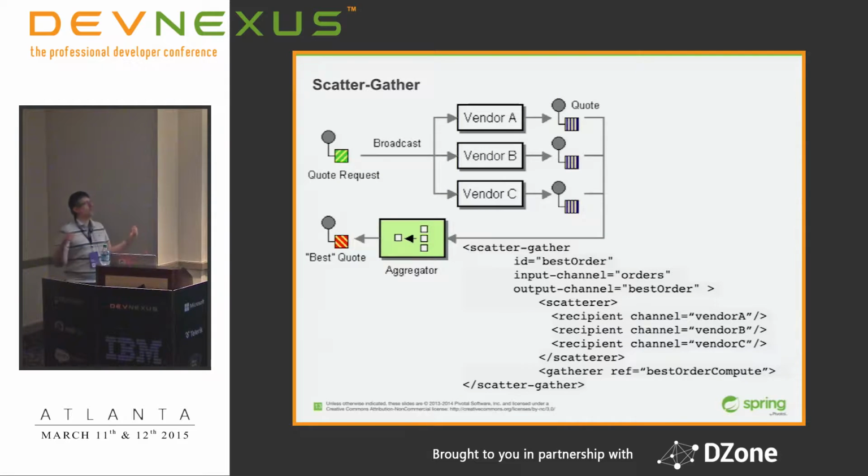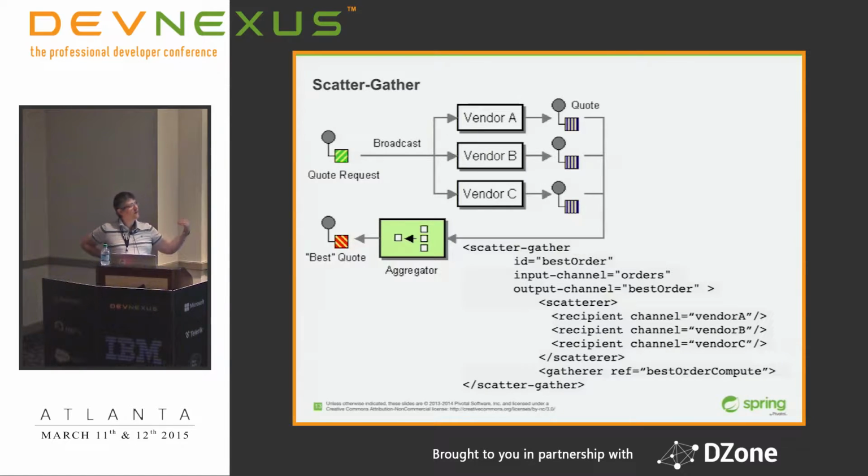So basically, what happened was that we created this distinct scatter-gather component. You have an example here, for a scenario where we want to find out the best quote from 3 vendors. So the message comes in, it's broadcasted, you see the scatter component there, effectively scattering the messages to the 3 separate channels, vendor A, vendor B, vendor C. And then internally, the component creates a channel for the responses that are sent to the aggregator.